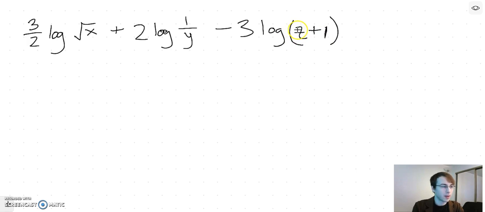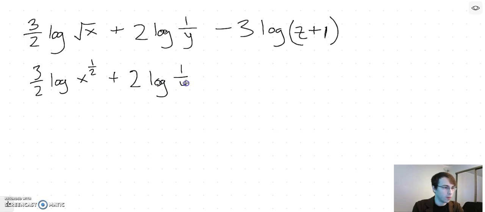Okay, so first step in condensing, let's write everything in terms of powers. So this is like 3/2 log x to the 1/2 plus 2 log of y to the negative 1 minus 3 log of z plus 1.